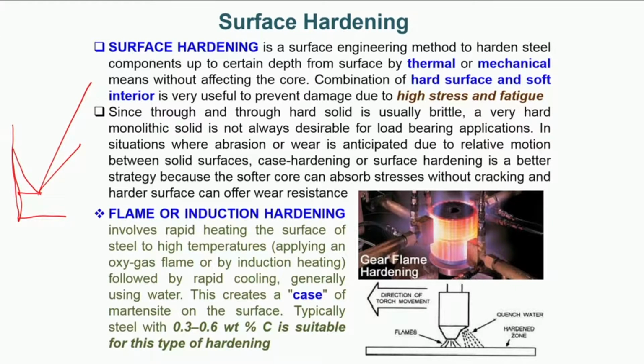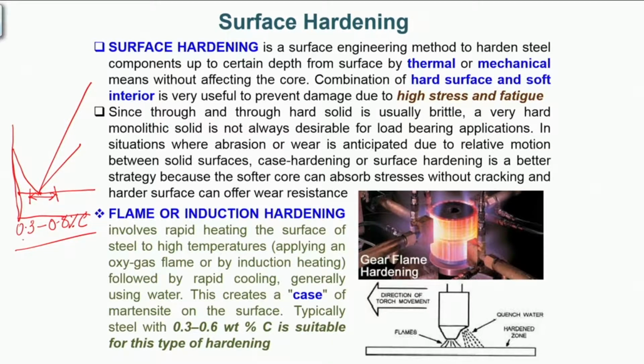In this surface hardening approach, we are concerned with a composition range somewhere around, let us say, typically about 0.3 to 0.8 or maybe even less amount of carbon. We are talking primarily about plain carbon steel, but this is certainly applicable to alloy steel as well.